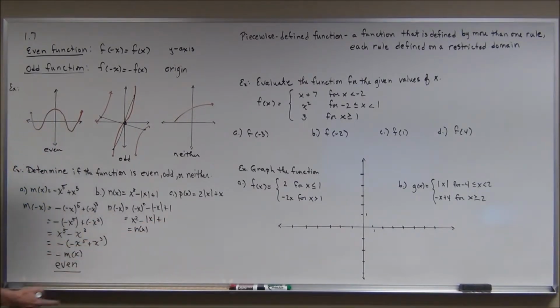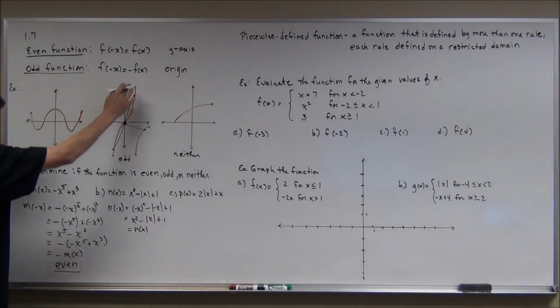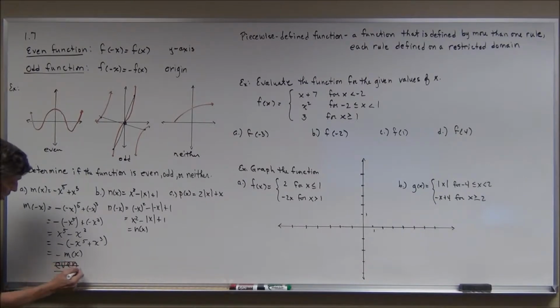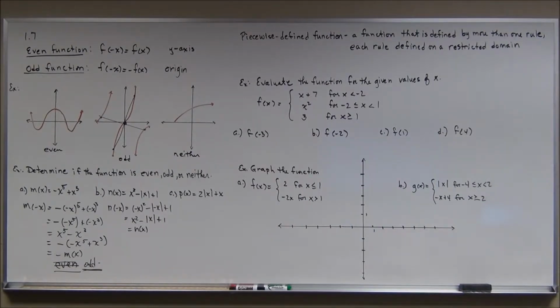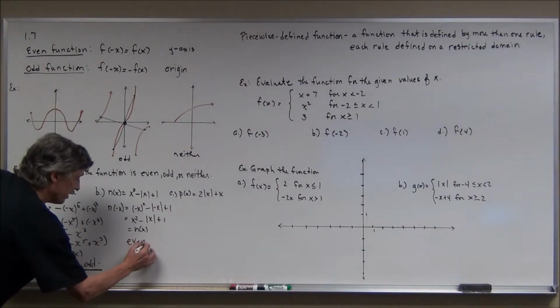So n of the opposite of x, oh my goodness gracious, nobody said anything to me. Good Lord, this is not an even function. This is saying that f of the opposite of x is equal to the opposite of x. This is an odd function. Where am I thinking? So hopefully you are saying, what's wrong with Mr. Turner today that he can't figure out that this is an odd function? This is an odd function. This guy here is an even function.